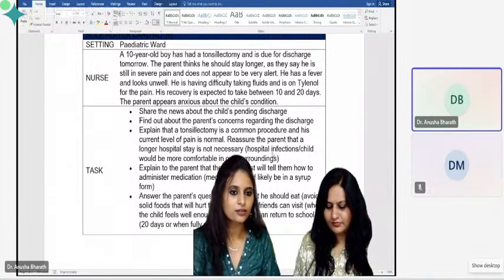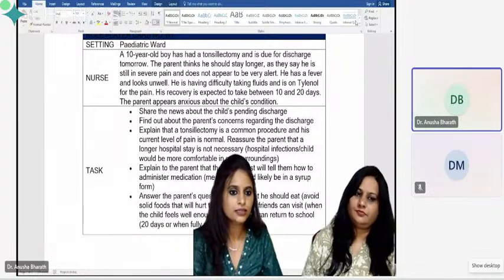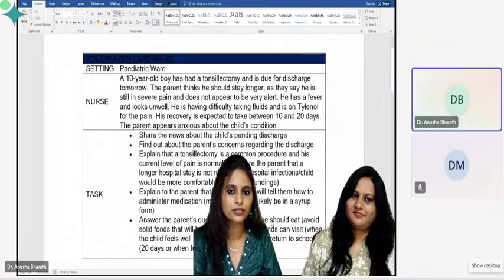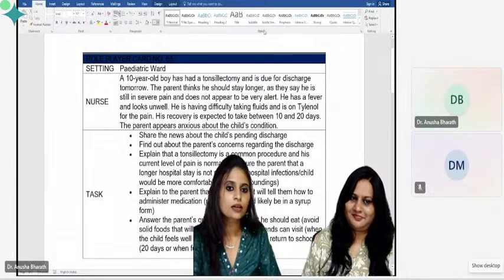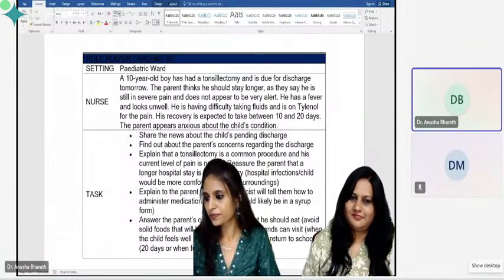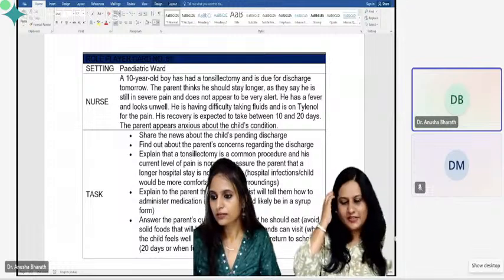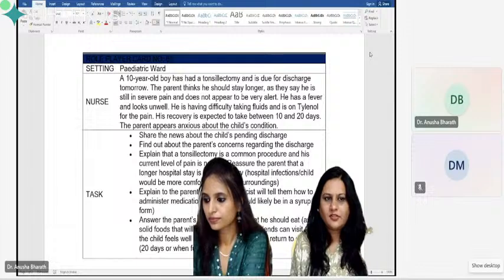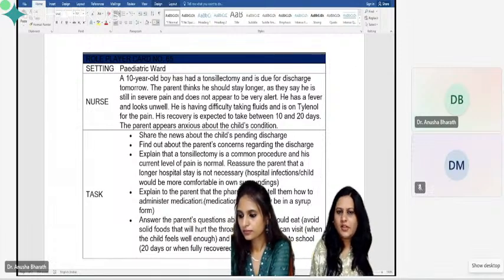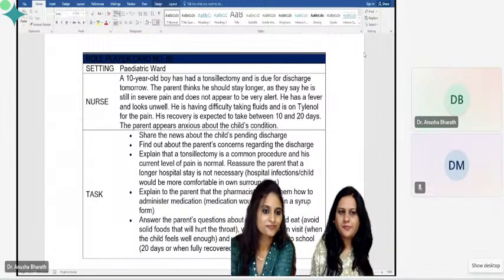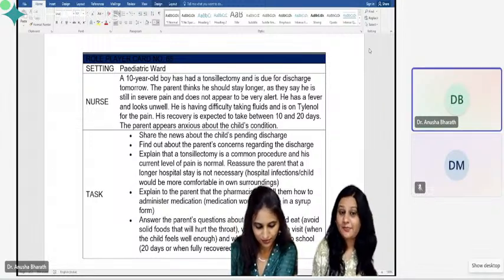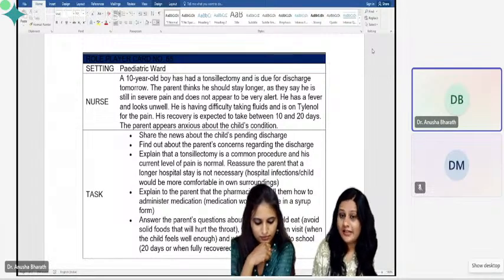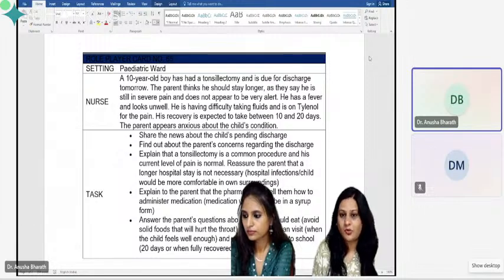So we have the setting, which is a pediatric ward and a 10-year-old boy. Well, the setting says that it is a pediatric ward. A 10-year-old boy has had a tonsillectomy and is due for discharge tomorrow.